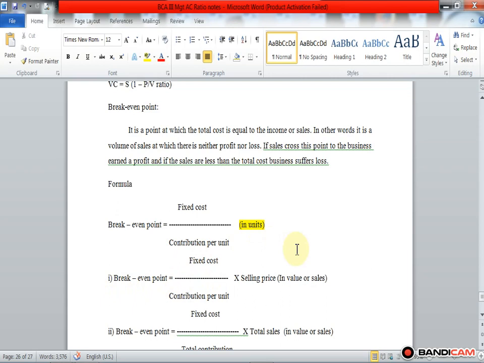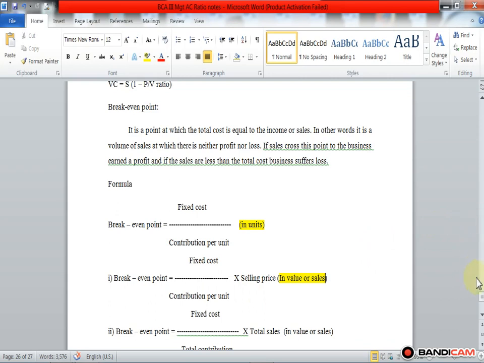If the break-even point is computed in value, we use these other formulas. First formula: break-even point is equal to fixed cost divided by contribution per unit, multiplied by selling price. We get the break-even point in value.